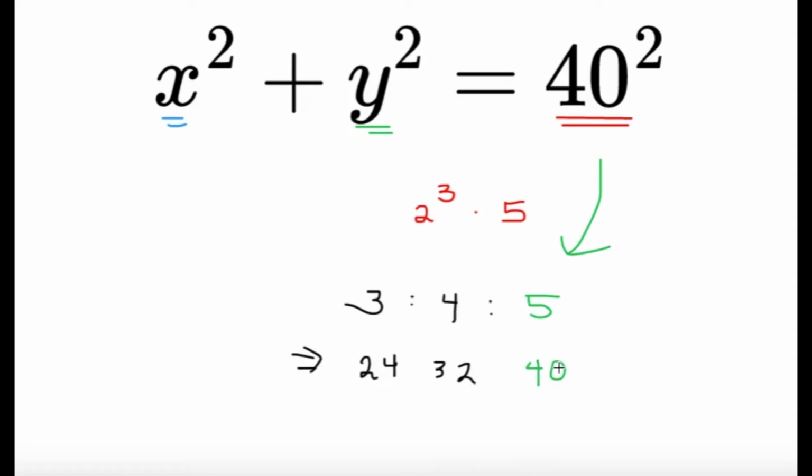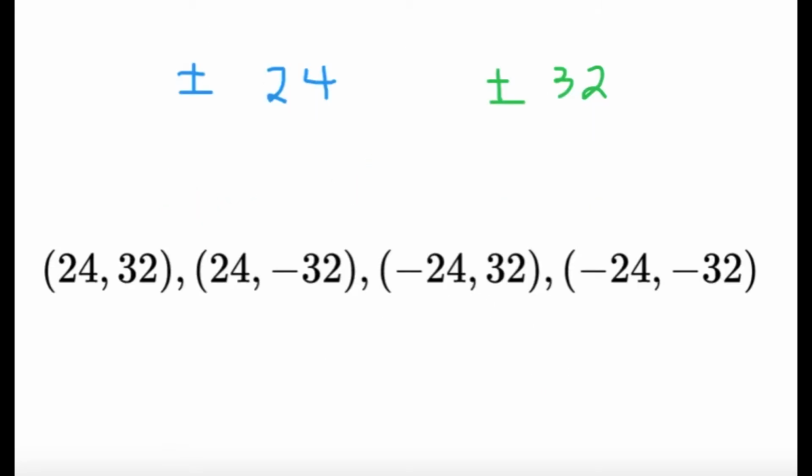And this will tell us the integer solutions actually, because if you go back here, we know that x can be 24, that's one solution, y can be 32, that's one solution, but then again, we're talking about integers here, so we have positive and negative 24s, positive and negative 32s, so we should be able to have these four solutions.